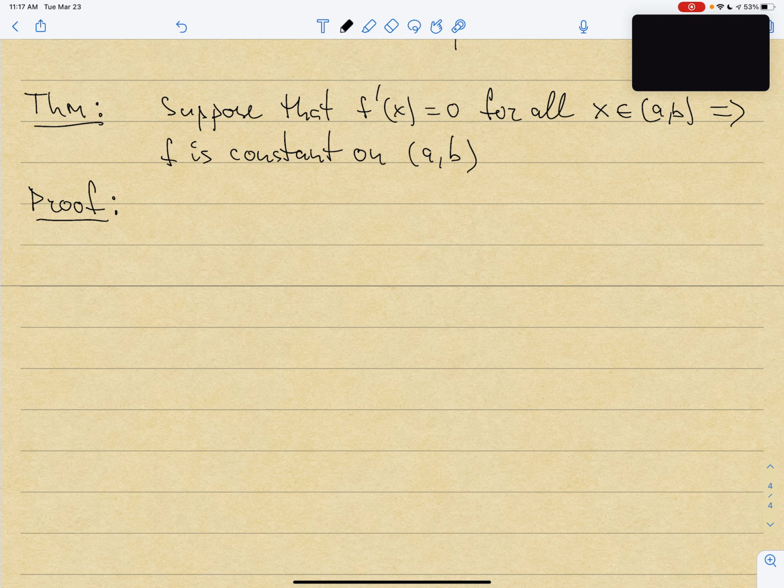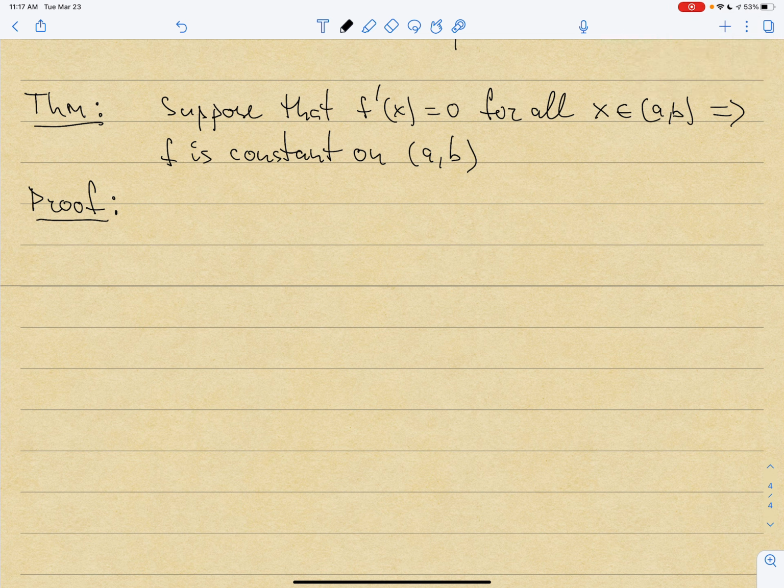So we can argue by using a contradiction. You can argue as follows. Suppose not.